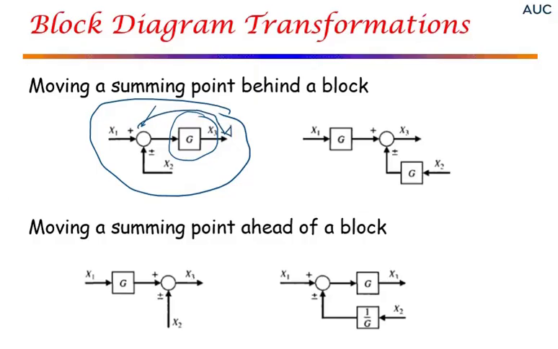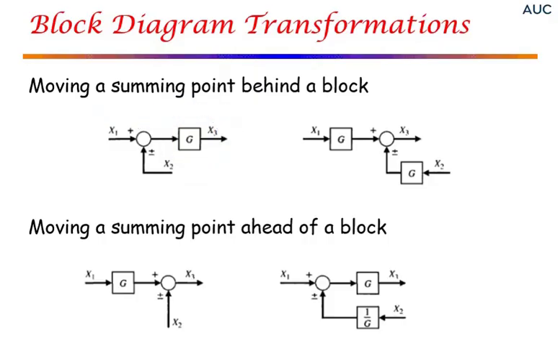So how would you do that? The main criteria is to keep the output signal unchanged. What is the output signal here? The output signal is x3, and that's equal to g times x1 plus or minus x2. So when we move g, as we can see here, we must keep x3 unchanged.